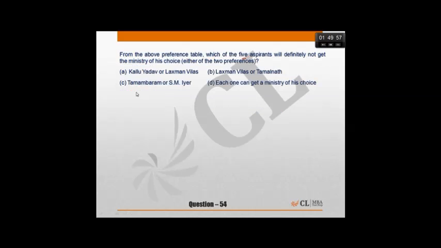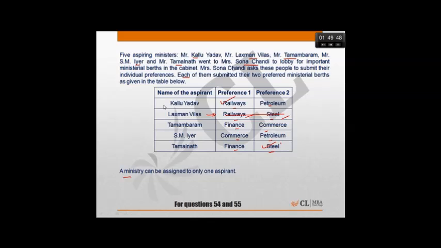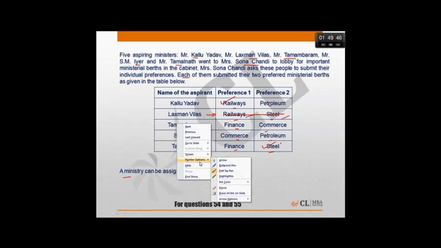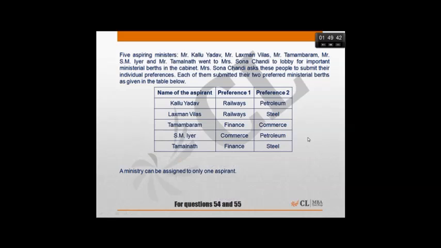Let me go to the previous question now. Which of the 5 aspirants will definitely not get the ministry of his choice in either of the 2 plans? Definitely not means there is no case possible in which a person gets a ministry of his choice. Let me erase it completely and start again. If he gets railways, then steel will have to be here. If steel has to be with Lakshman Vilas, steel goes out completely and railways is out here.